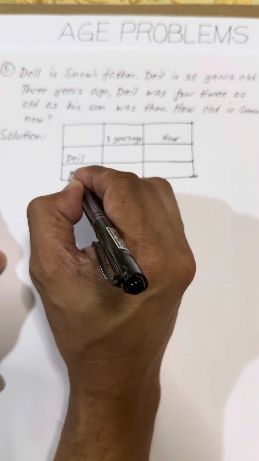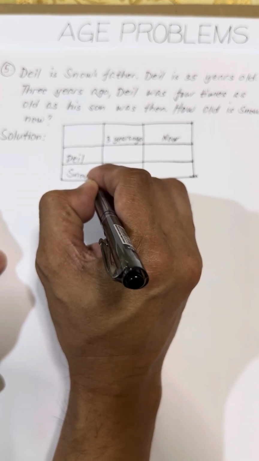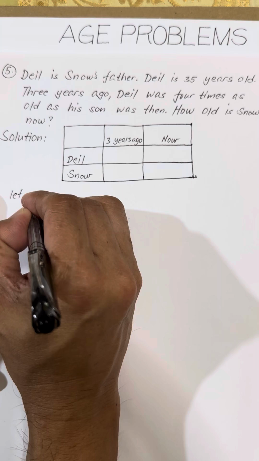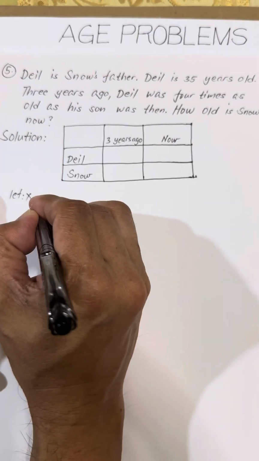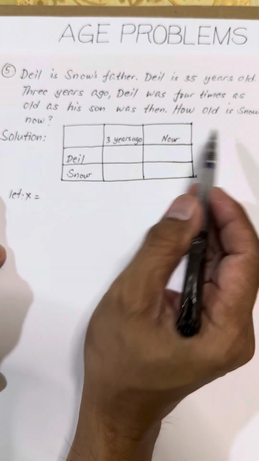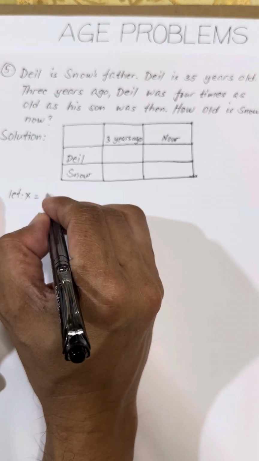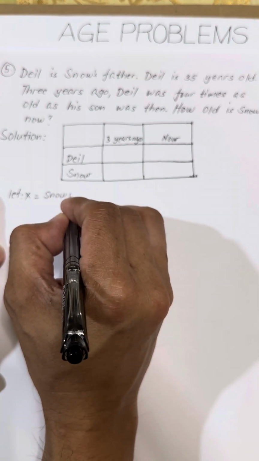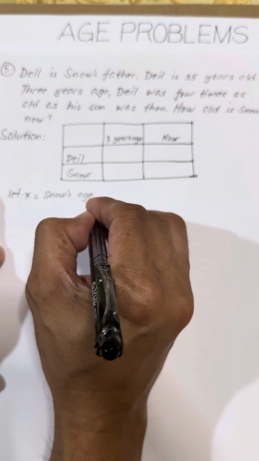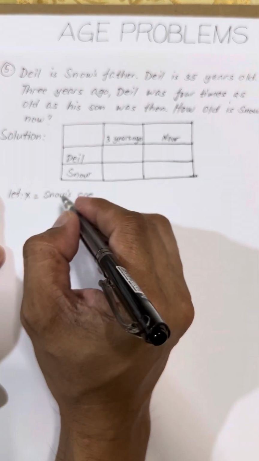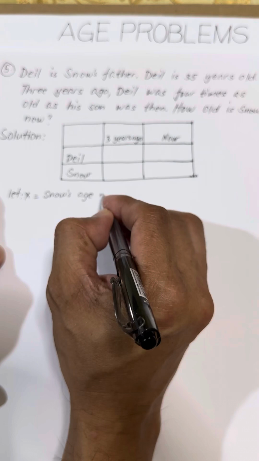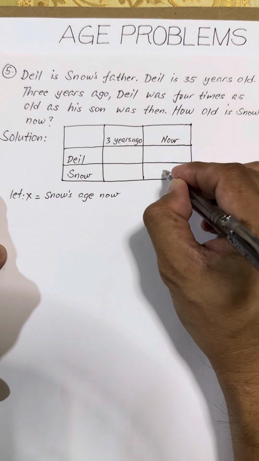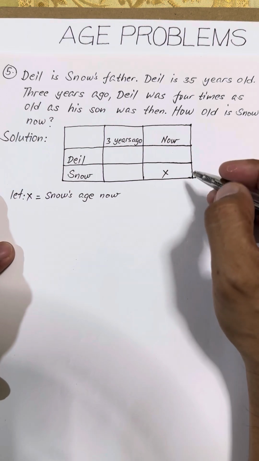We have Dale and we have Snow. Then let X be Snow's age now.